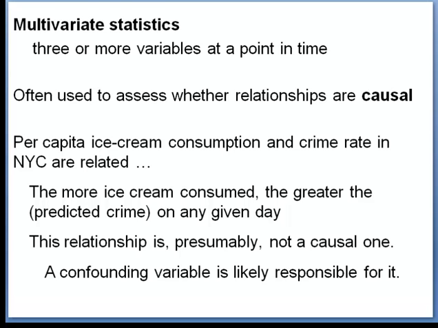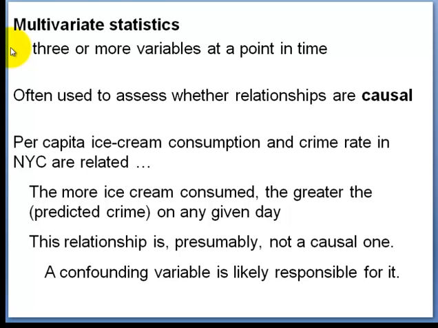Well, we've looked at univariate statistics, and we've looked at bivariate statistics. Bivariate statistics is, in essence, the examination of relationships between two variables. Sometimes statistics is multivariate, which is to say that three or more variables are involved at the same time.